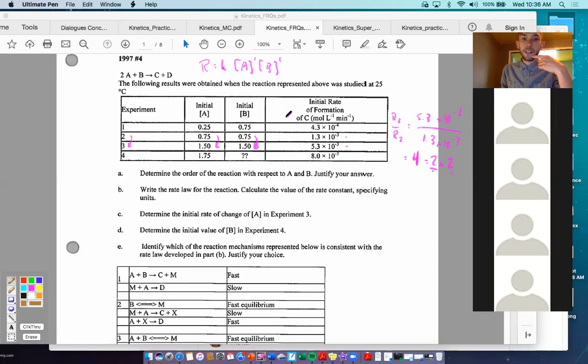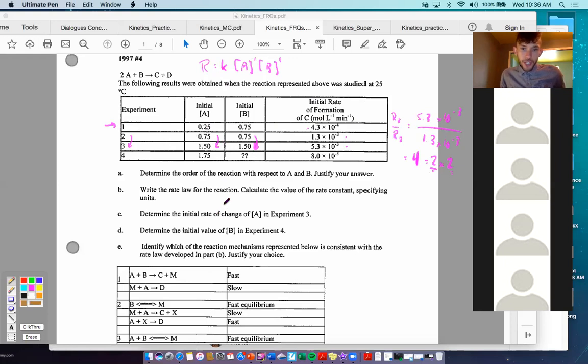Okay, I could then go and plug in one of these experiments. I know the rate, I know the concentrations, I know the order. I could solve for K to write the rate law. Okay.